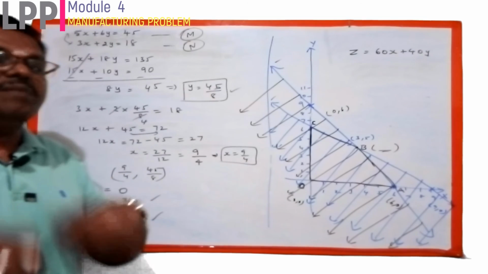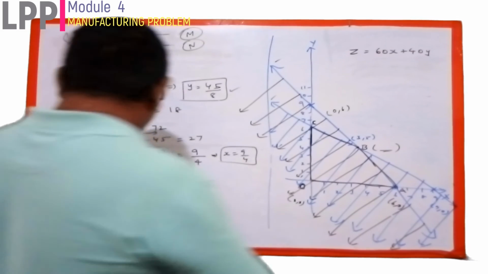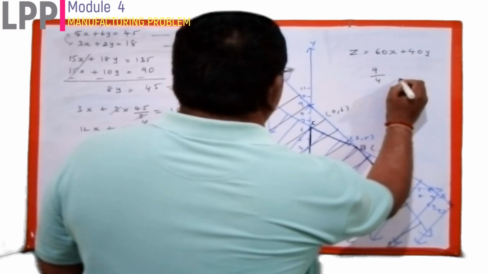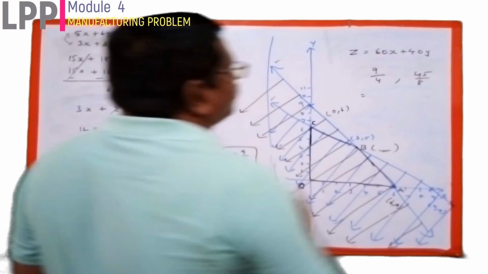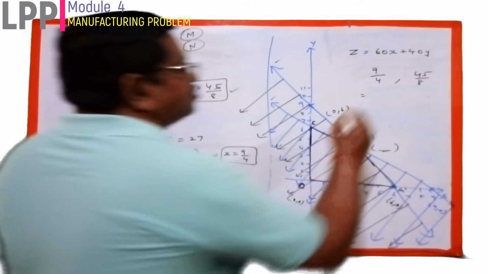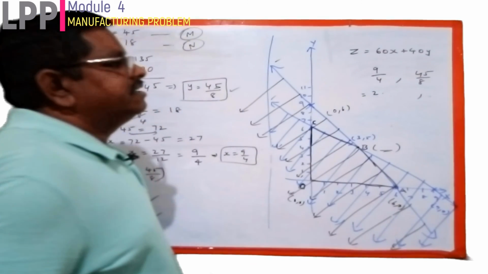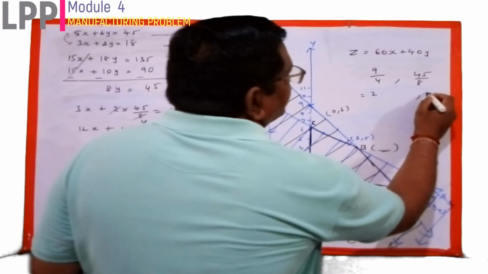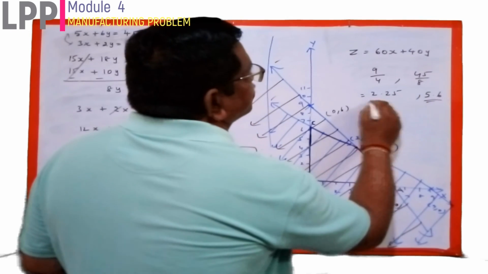Okay. Now how many machines we have to buy? Now this is the question. Here two values are given, 9 by 4 and another one is 45 by 8. Find the approximate value of 9 by 4. This is 2 point something, and 45 by 8 is 5.6 something. This is 2.25 something.